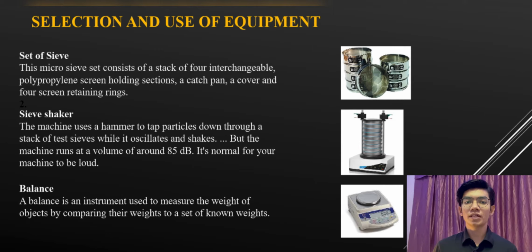The machine uses hammers to tap particles down through a stack of sieves while it oscillates and shakes, but the machine runs at a volume around 85 dB. It is normal for your machine to be loud. Thirdly is the machine that we call a balance. A balance is an instrument used to measure the weight of an object by comparing the weight to a set of known weights.